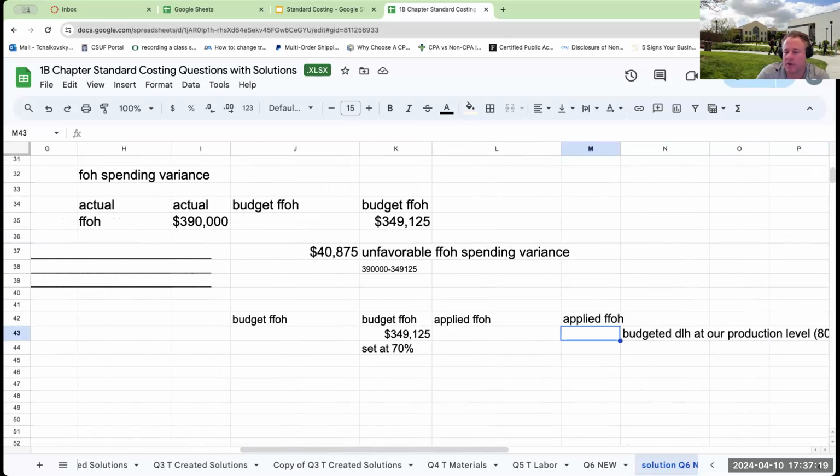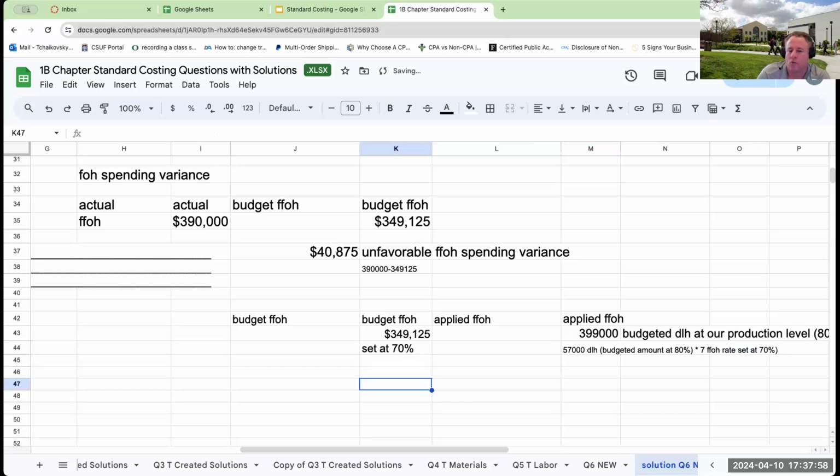So my applied fixed factory overhead is going to be 57,000 times 7, or 399,000. So we have 57,000 direct labor hours, the budgeted amount at 80%, and we're multiplying that by our fixed factory overhead rate that was set at the 70% level. Okay.